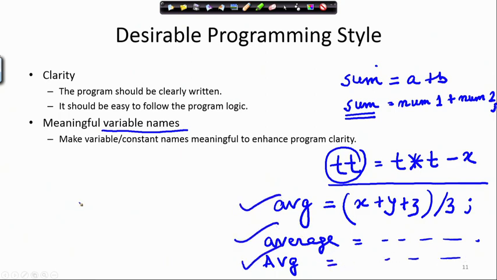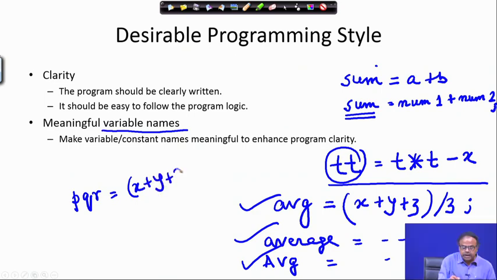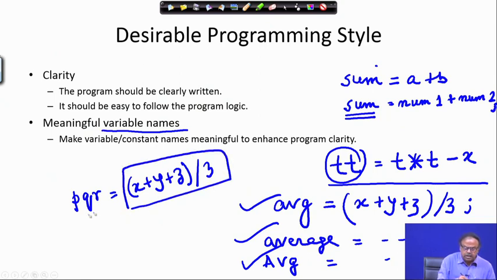But if I had written PQR is equal to x plus y plus z divided by 3, then it is not very clear, although I can look at this side and understand that okay, PQR is the average, but this is not a very good practice.